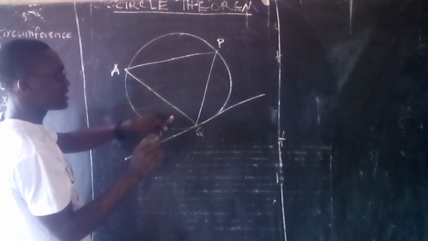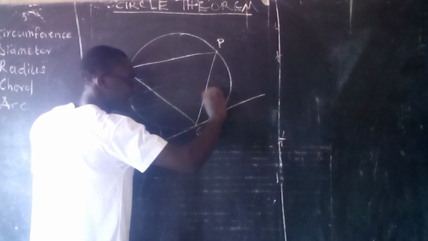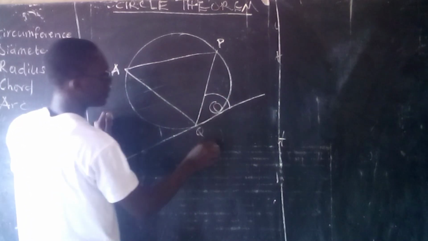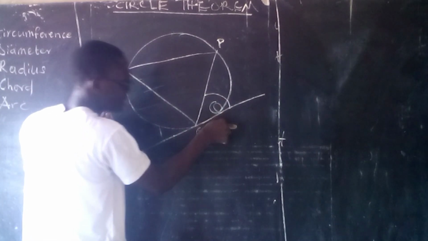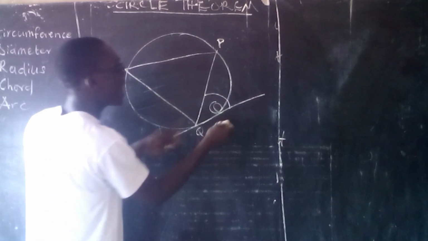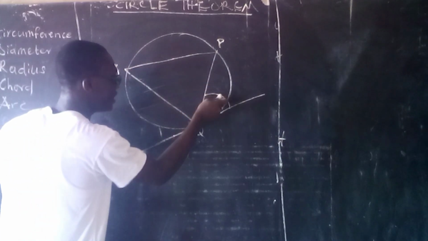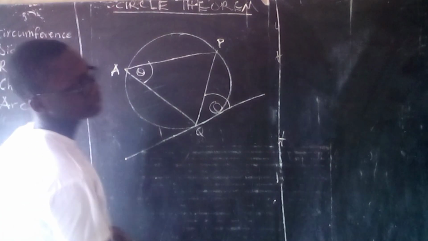The angle between the chord and the tangent, let's call this angle theta, is equal to the angle in the alternate segment. So the angle here, theta, is equal to the angle here, also called theta.